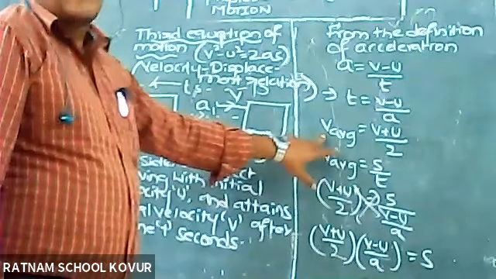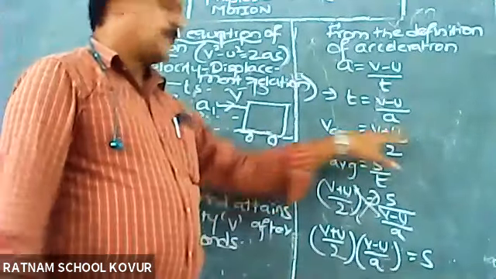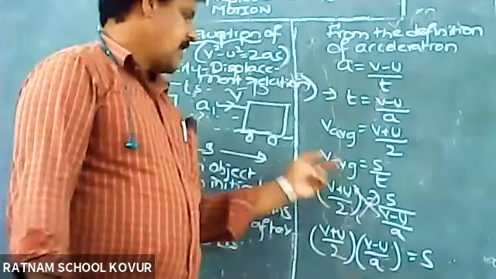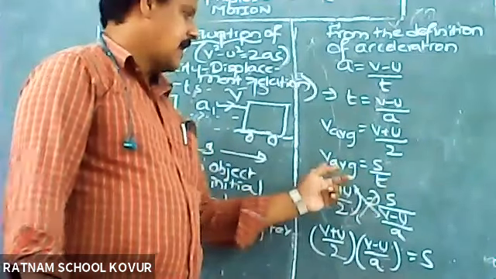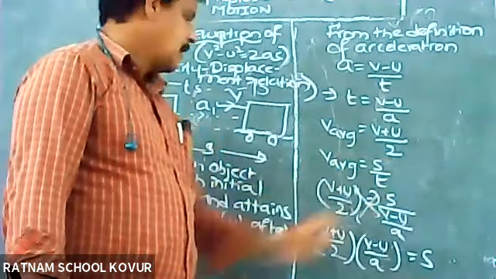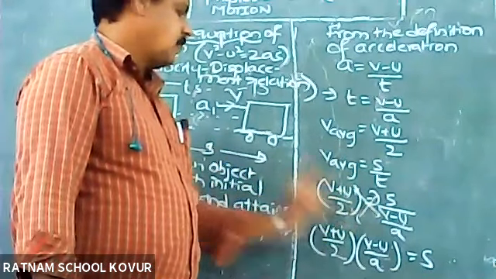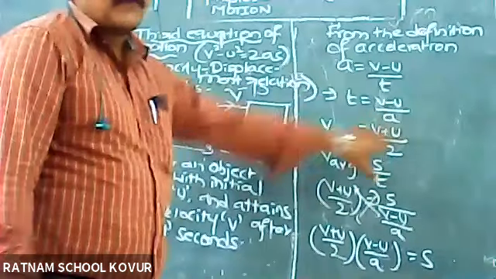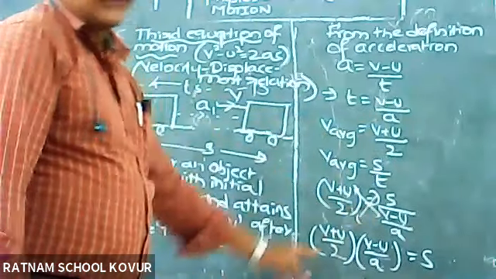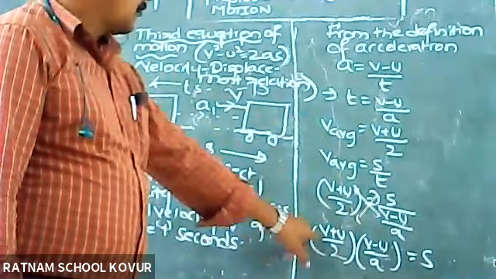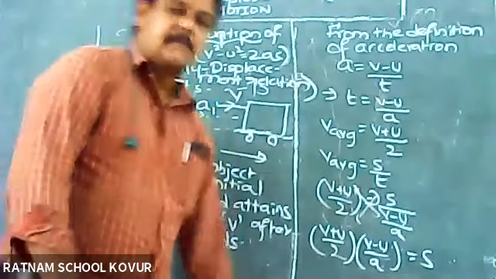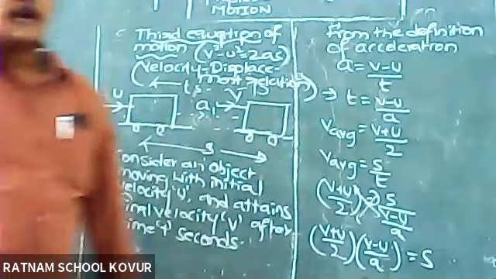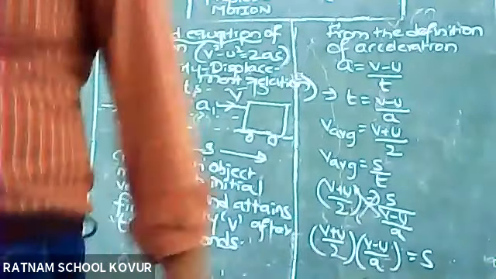Now I will take the average, v average equal to v plus u by 2. V average is equal to s by t. Velocity is equal to displacement by time. So v plus u by 2 is equal to s by, instead of t, v minus u by a. Cross multiply. The numerator is in the form of a plus b into a minus b, so by multiplying you are going to get the result.